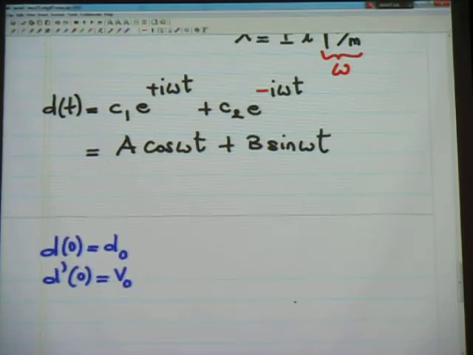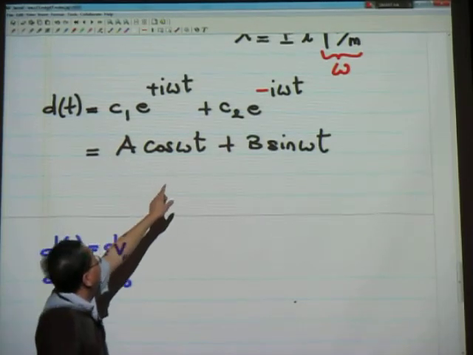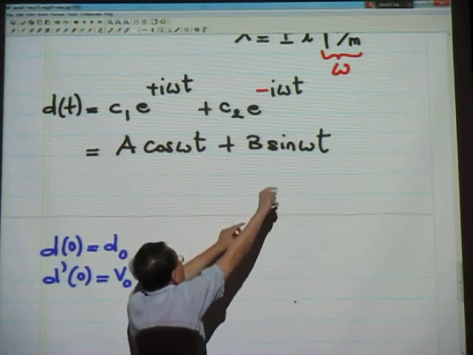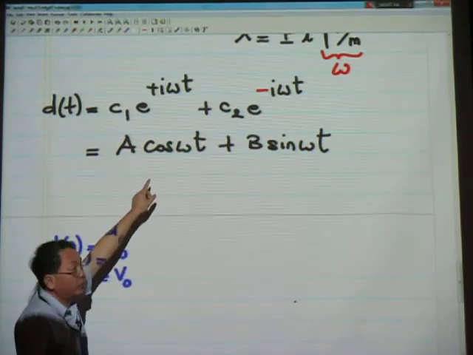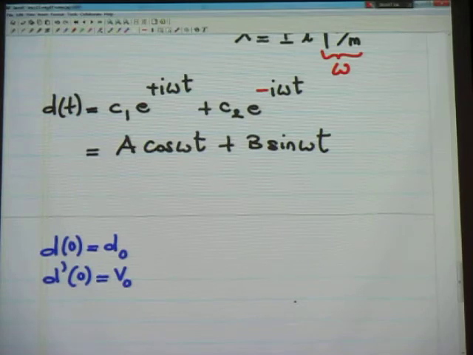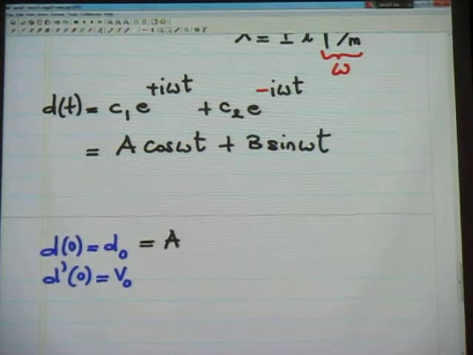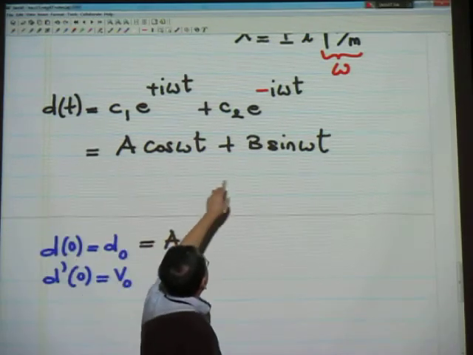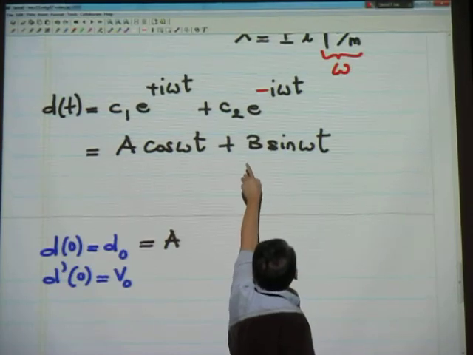For example, the displacement at time 0 is d0, and when t equals 0, the sine term cancels out and cosine equals 1, so A is exactly d0 immediately. Then for the velocity, you need to take the derivative, so cosine becomes sine, and sine becomes cosine times omega.